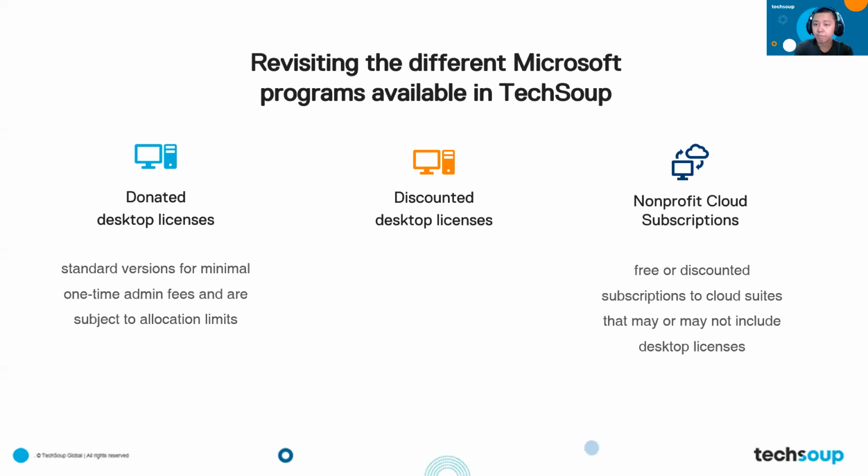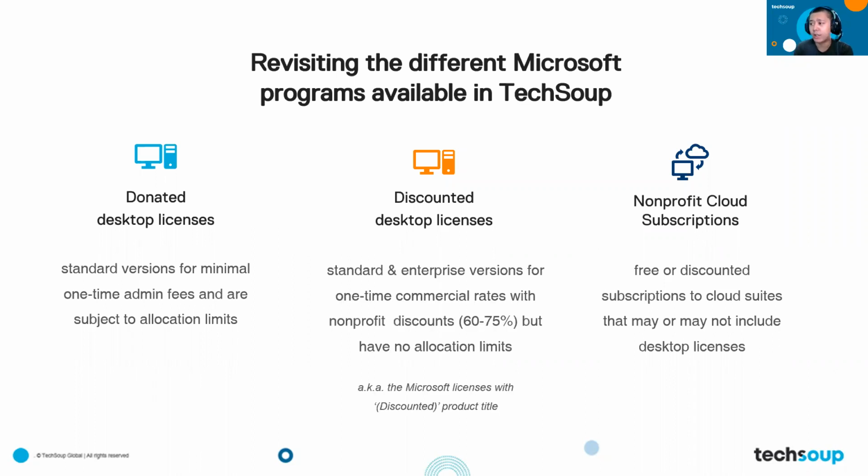Essentially, those are that. Now, alternative to this program, TechSoup is also able to offer commercial licenses, but at an open discount rate or nonprofit discount rate. So this is what we refer to as the discounted desktop licenses.